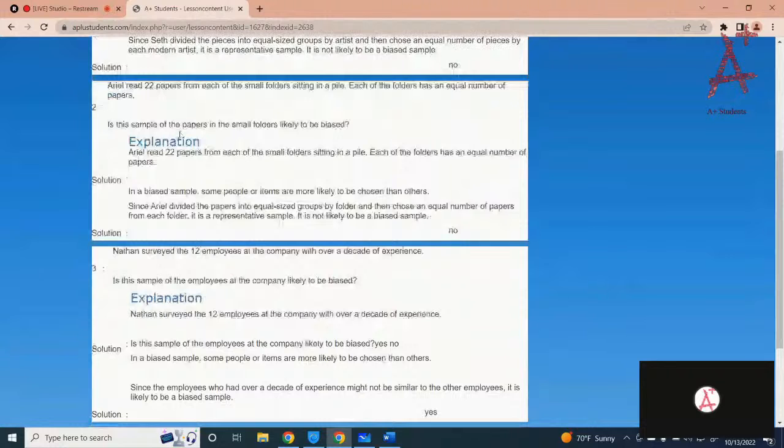Nathan surveyed 12 employees at the company with over a decade of experience. Is this sample of the employees at the company likely to be biased?